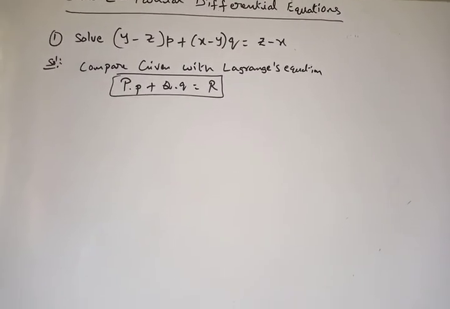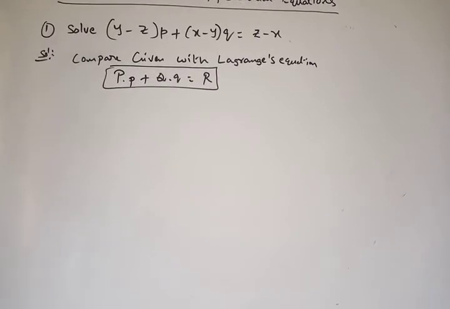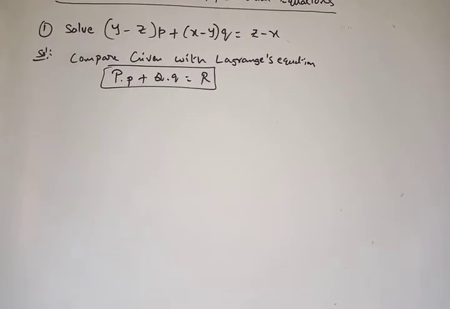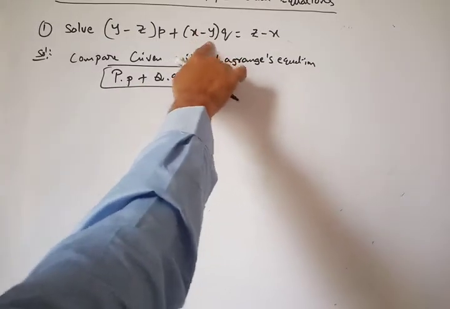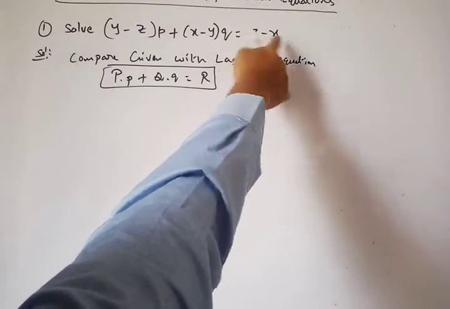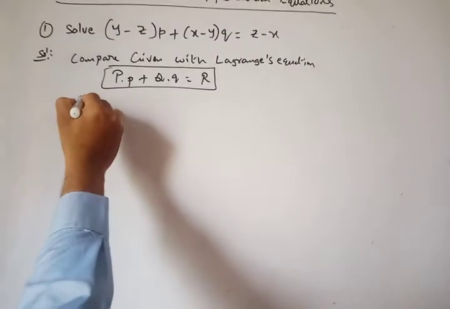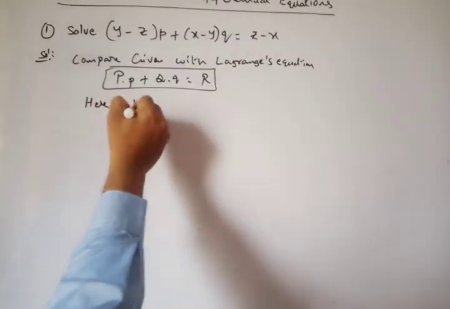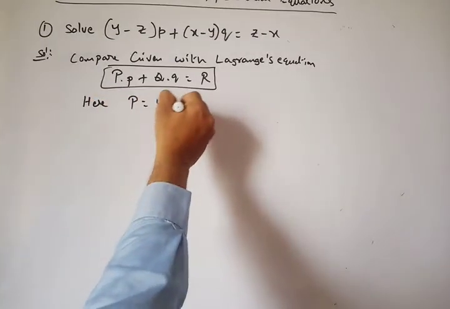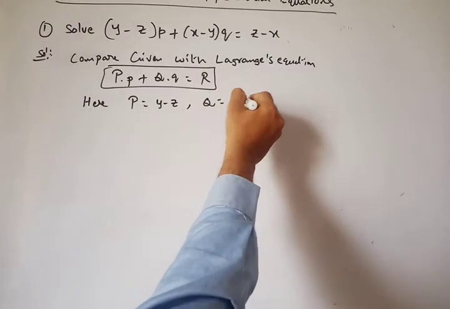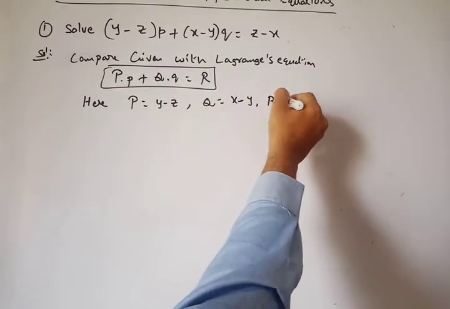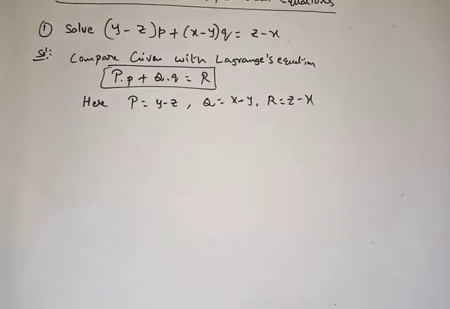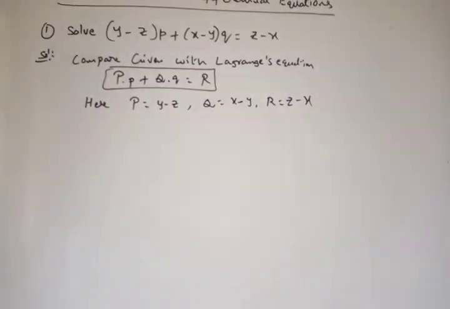The coefficient of small p, that means y minus z is our capital P. What is our capital Q? The coefficient of small q, that is x minus y. What is our capital R? z minus x. So capital P is equal to y minus z, capital Q is equal to x minus y, and capital R is equal to z minus x.